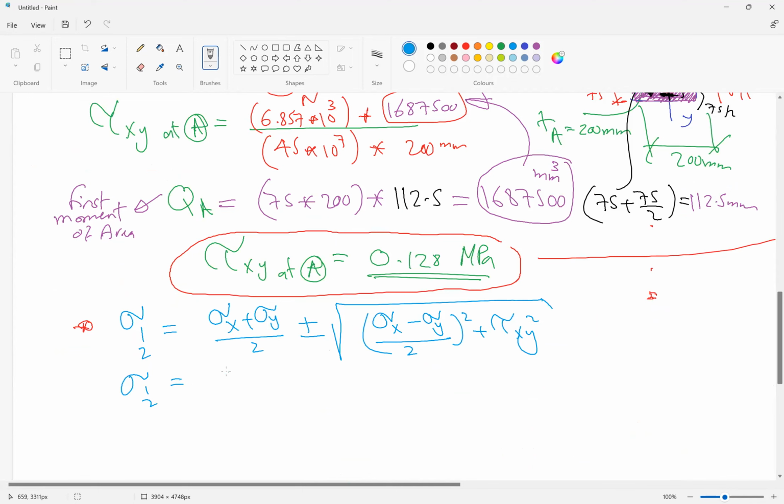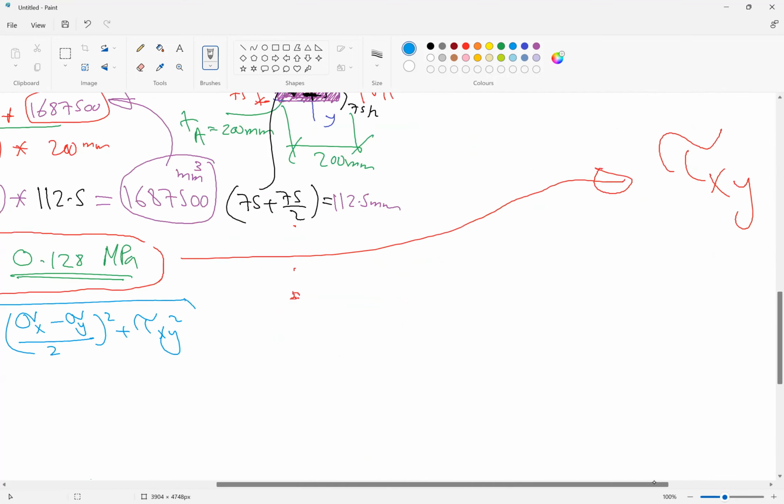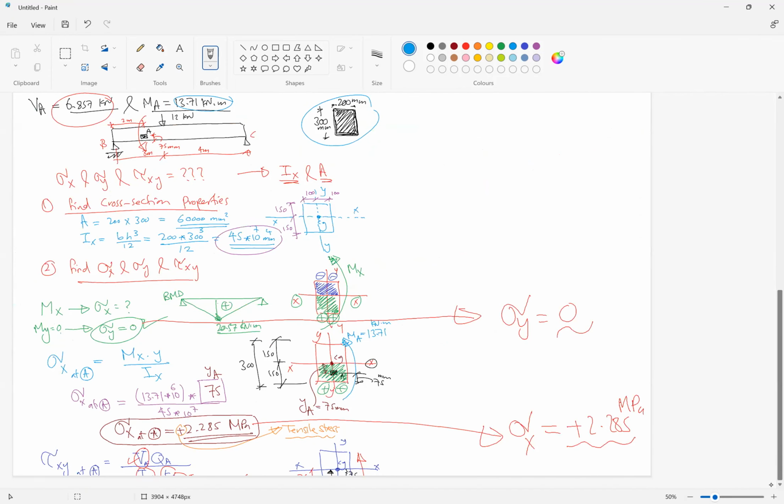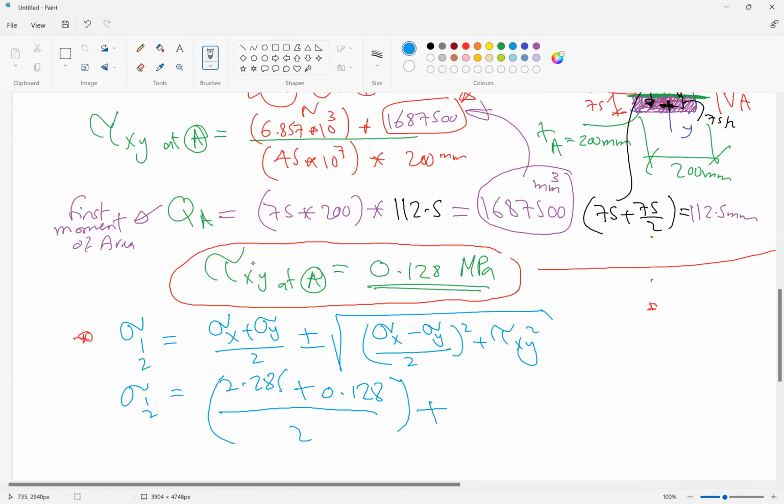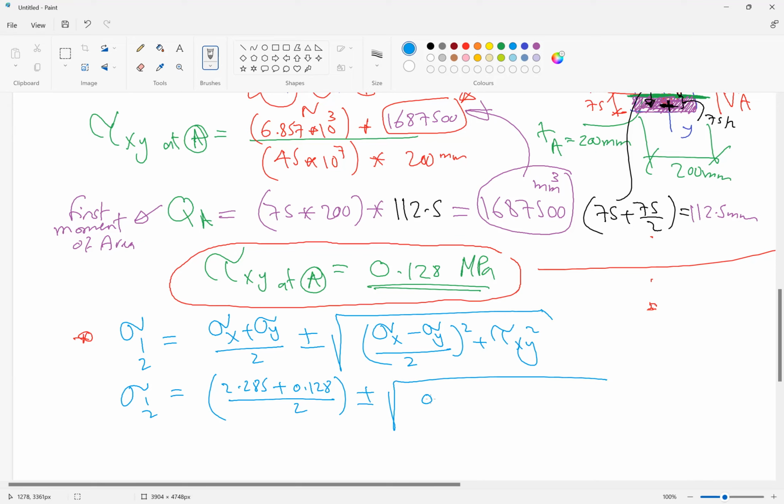So sigma 1, 2 is equal to 2.285 plus 0.128 all over 2, plus or minus root of 2.285 minus 0 over 2 all squared, plus, oh sorry, this one.